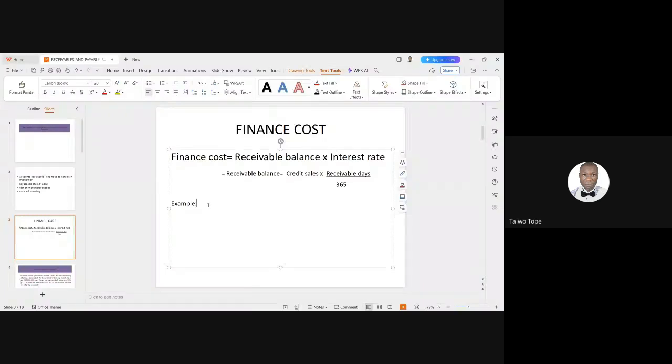So we have an example here that we can look at to buttress what I've just put forth.